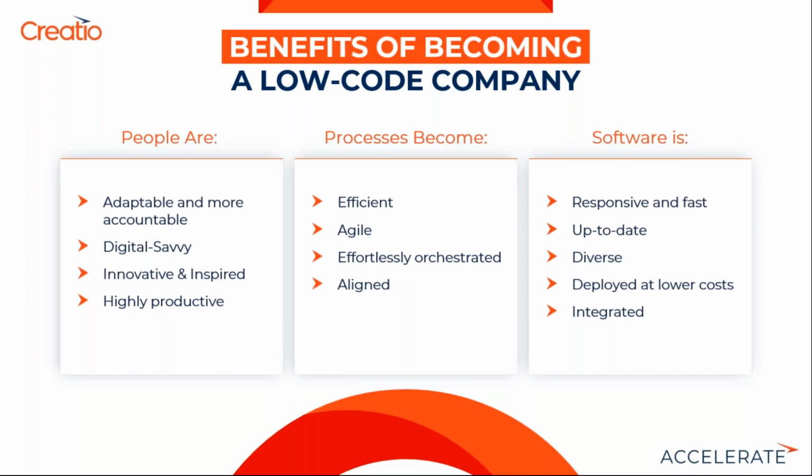From a process standpoint, we can see where the ability to design and modify processes very quickly utilizing low-code tools is an efficient, agile way to become more adaptable to changing business models. So that's the one thing that we know about business. It's the only constant, it's change.